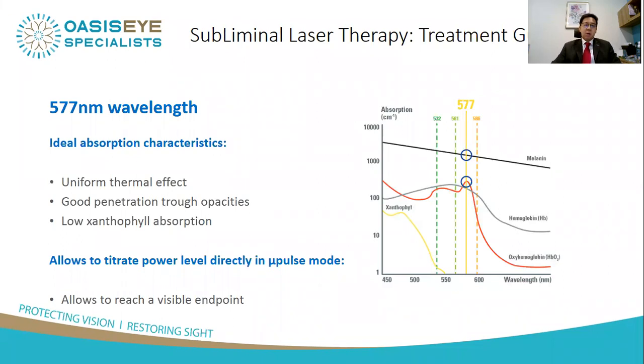In addition, I use the subliminal laser with the 577 nanometer wavelength, which I believe is the ideal wavelength to create a good laser reaction at the retinal pigment epithelium without damaging the xanthophyll pigment, which is found predominantly at the macular region. Additionally, there's good penetration through opacities like cataracts, and it allows you to titrate the power quite efficiently.